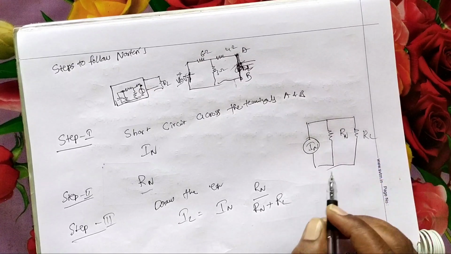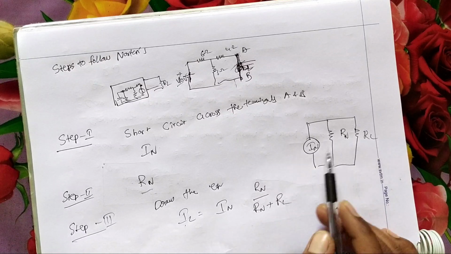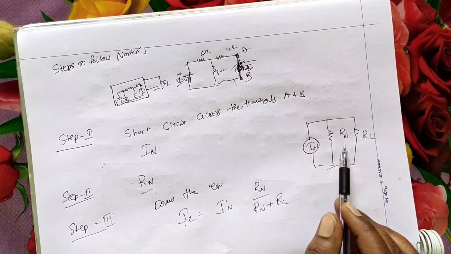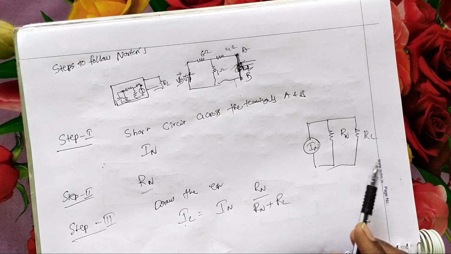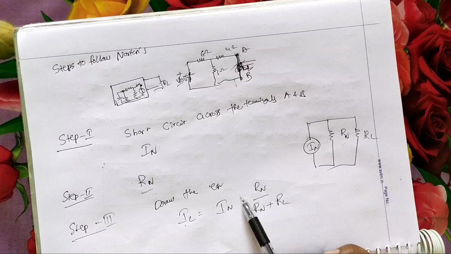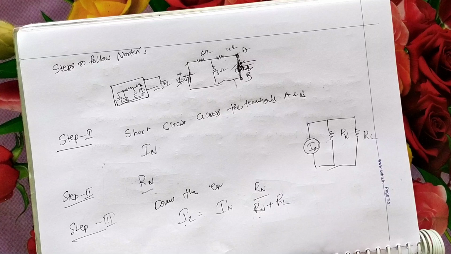Now, what is the current through IL? That is IN current into the opposite resistance, which is Rn, over the total resistance Rn plus RL. That is how current divides. Based on this, we have to do problems. If you do one numerical problem, you can understand Norton's theorem easily.